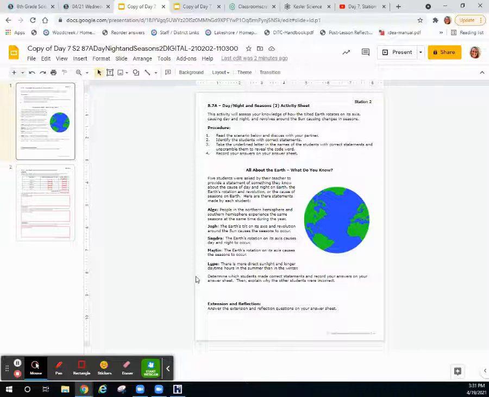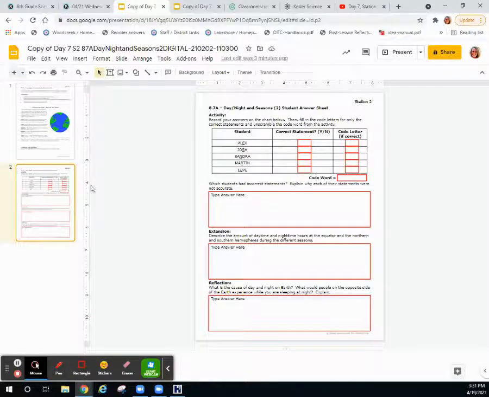Martin says the Earth's rotation on its axis causes seasons to occur. And Lupe says there is more direct sunlight and longer daytime hours in the summer than in the winter. Determine which students made the correct statements and record your answers on the answer sheet, and then explain why the other students were wrong.